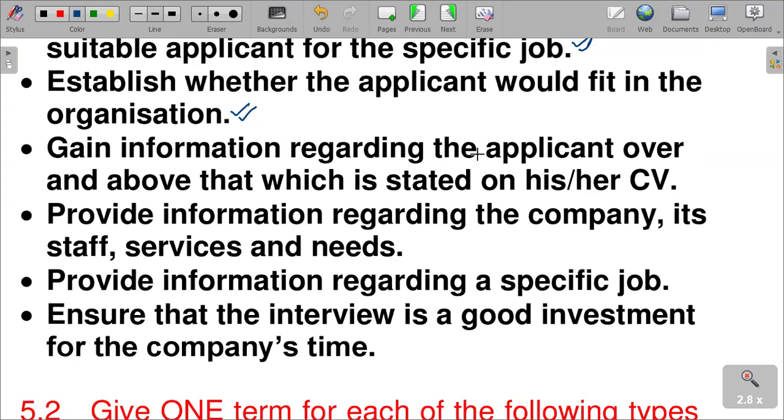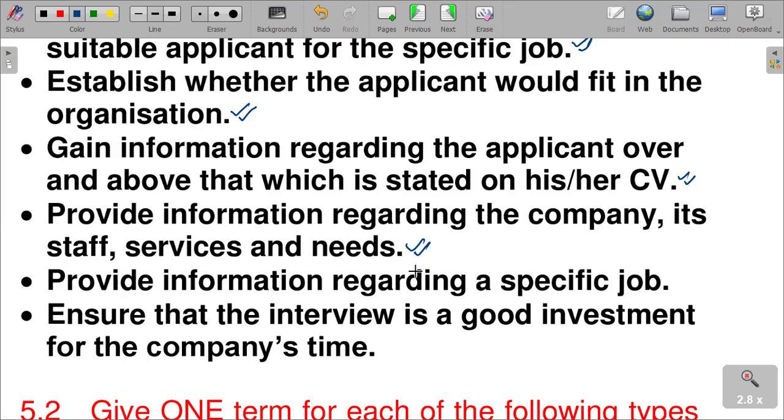Gain information regarding the applicant over and above what is expected in his or her CV. Interviewing is to explore deeper the information given in the CV. Provide information regarding the company's staff, services, and needs. During an interview, the interviewee can be presented with relevant information regarding the organization, the services it renders, as well as the staff.